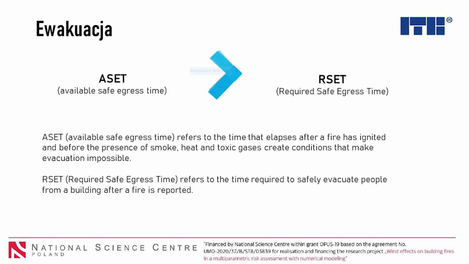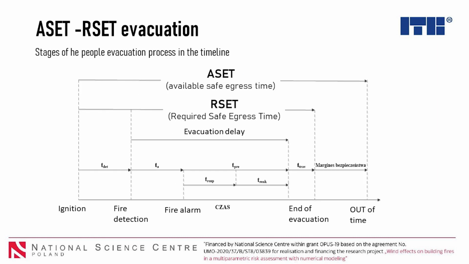How to assess the available safe egress time? We have to define some critical parameters of the environment during the fire, and these parameters should be divided into parts of a fire: evacuation time and time for fire safety brigades. During the evacuation time, we have to compare parameters such as temperature, smoke, and radiation.